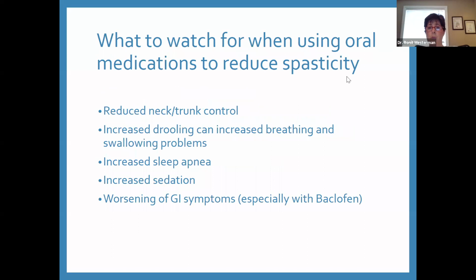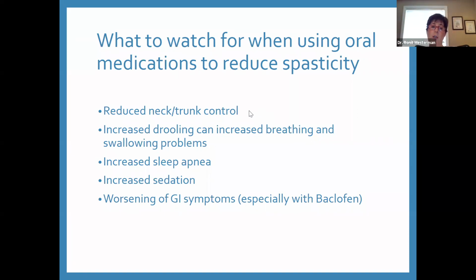What to watch when we use oral medication? Because it's a systemic approach, the medication doesn't differentiate between the muscles that are truly stiff and the muscles that are actually low tone. We know that hypertonia, especially affecting arms and legs, often coexists with low tone of neck and trunk.